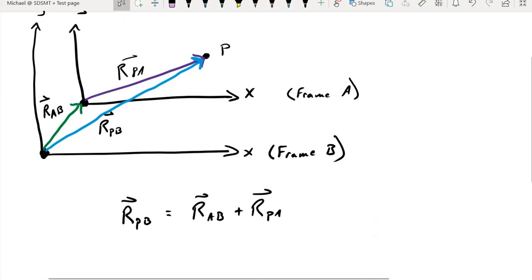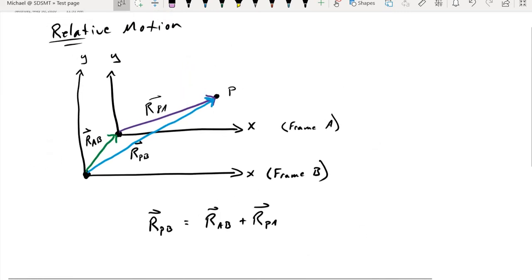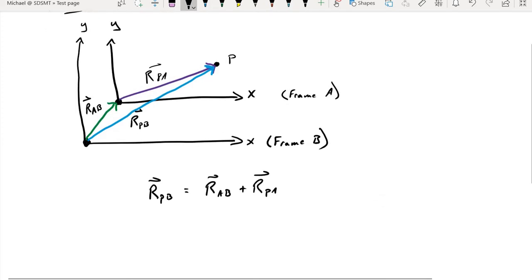So this is how our relative motion is going to work. We have a vector addition problem that essentially allows us to transition from one reference frame to another when it comes to measuring the same point out in space.